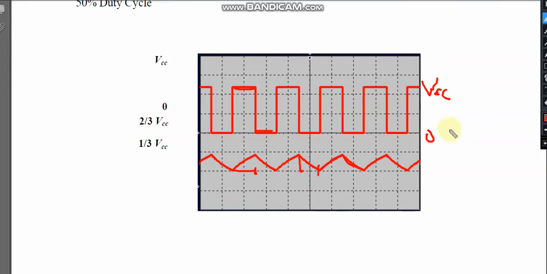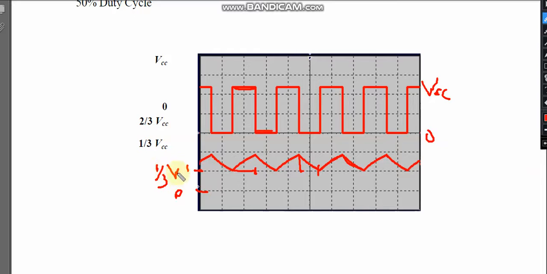This is a waveform for what? It is a waveform for your symmetrical, right? Both are equal. And what will be the values here? If this has to be 0, the values have been shifted after I converted it to PDF. So this becomes your reference 0. What will be the discharging? It will discharge up to 1 by 3 VCC.